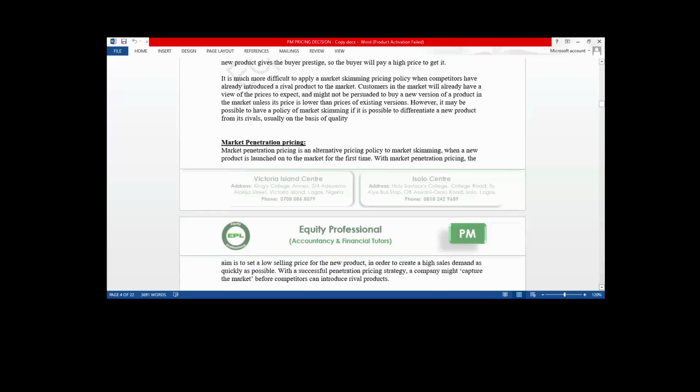You are able to win more customers in the market by charging a low price. That low price will enable the company to penetrate the market and obtain higher sales volume and a larger share of the market.